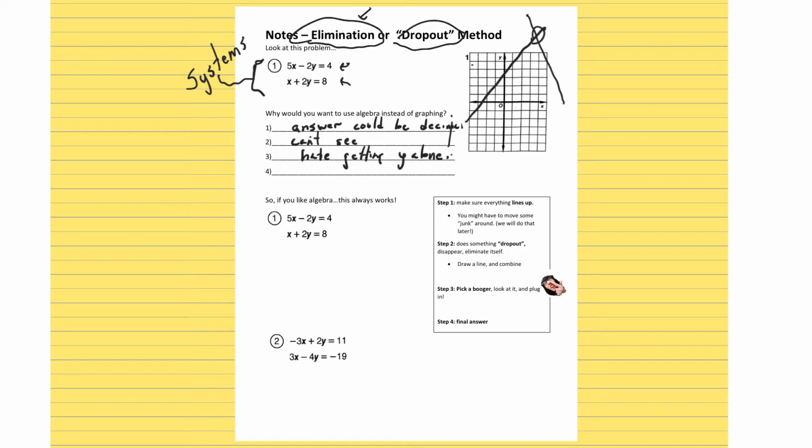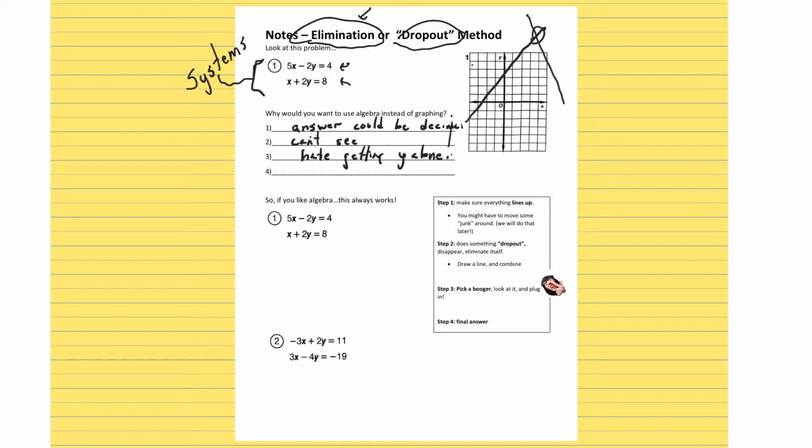If I had a -3, to make that drop out, we need a +3. Again, 0. If I had a 5 and a -3, would those drop out? And the answer, of course, is no. So we know they have to have the same number and different signs. Makes perfect sense.